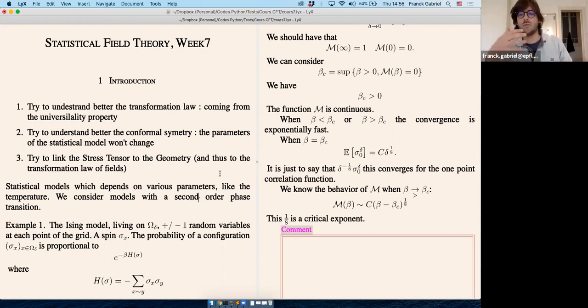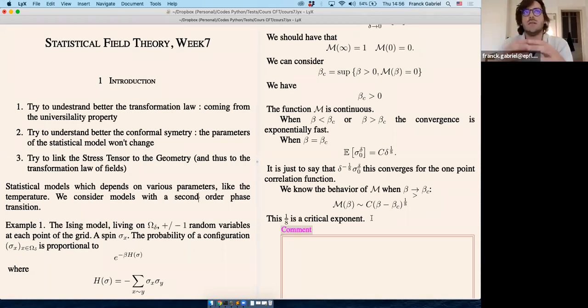Each time there will be some power laws, and each time there will be numbers which are rational numbers. So you will have a class of different critical exponents.